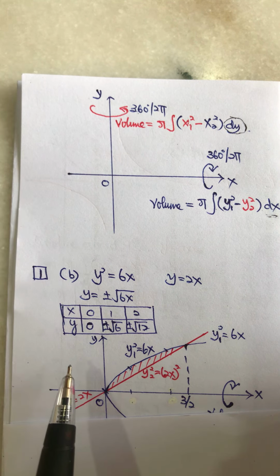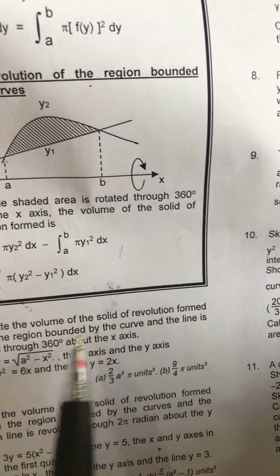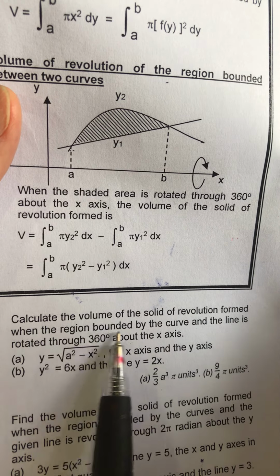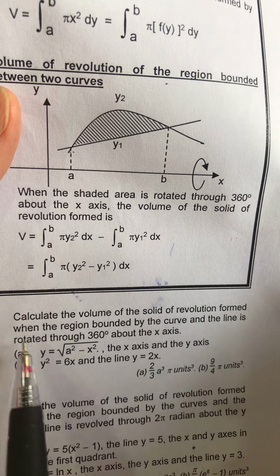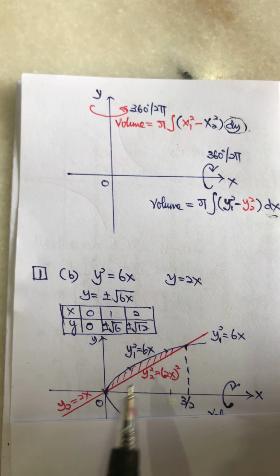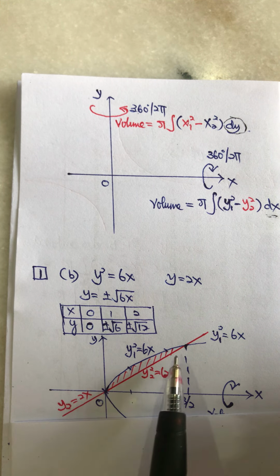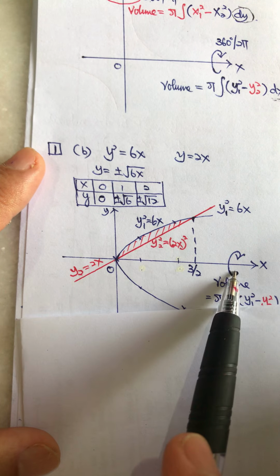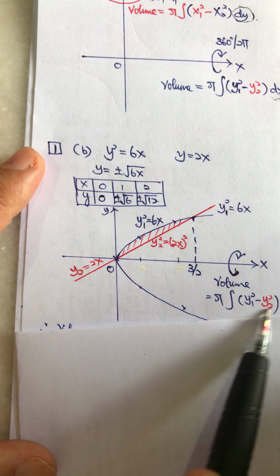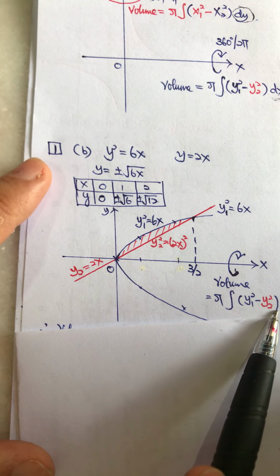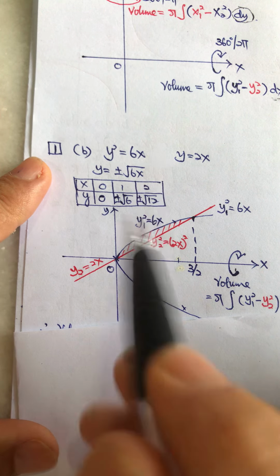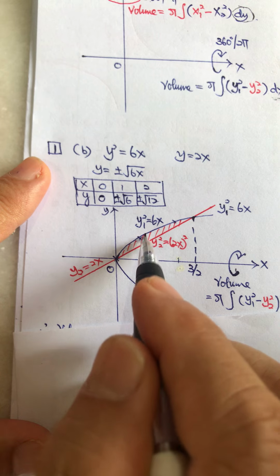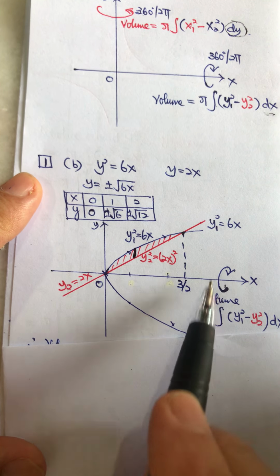So now what we want to find is the region. The solid formed when the region bounded by the curve and the line rotates. This is the region, and this one rotates about the x-axis. So this formula we are going to use. That means like this, y rotates about the x-axis.